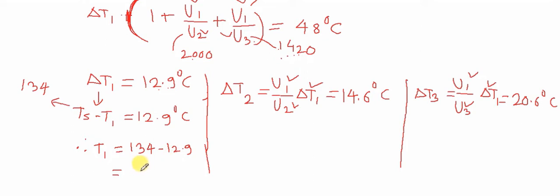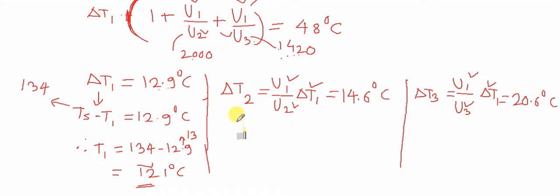You can take a round figure. Actually it is 120.9, but instead of 12.9 you can consider 13 degrees Celsius, then automatically you will get 121 degrees Celsius.